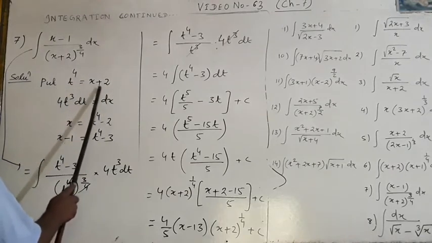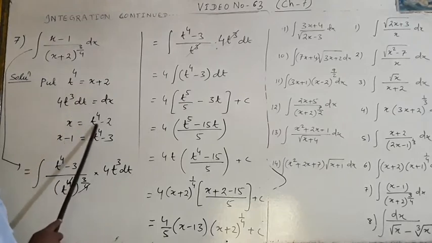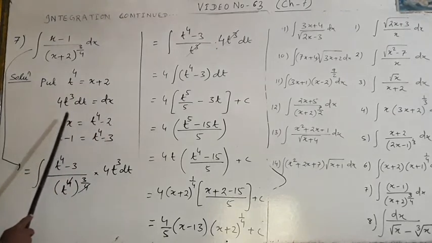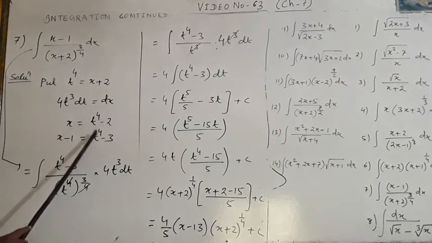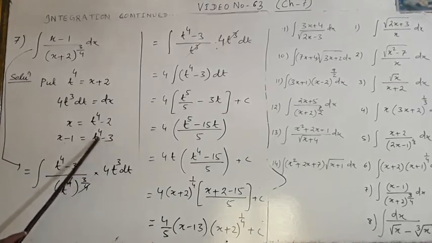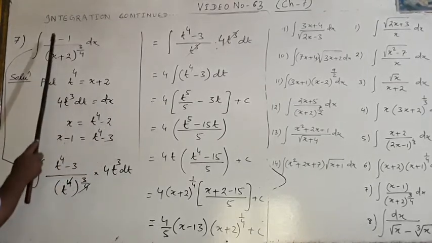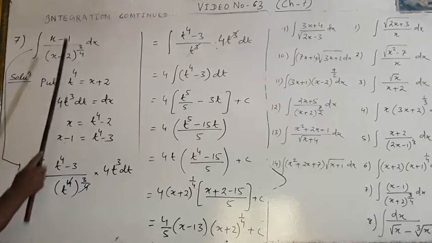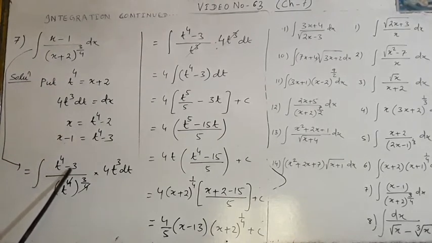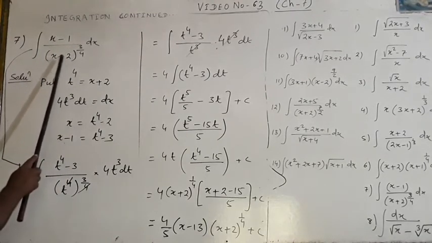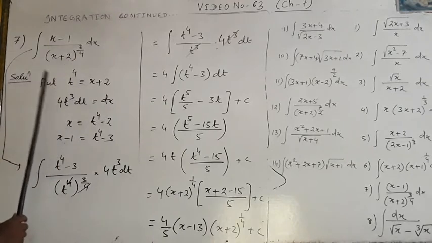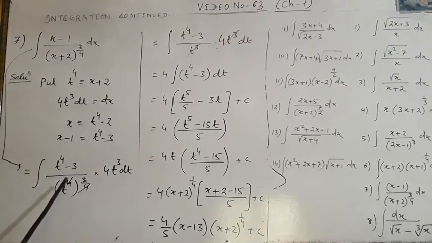4t^3 dt is dx. And what is x? t^4 minus 2. And what is x minus 1? It is t^4 minus 2 minus 1, that is t^4 minus 3. And in place of x minus 1, it is t^4 minus 3. And in place of (x plus 2) to the power 3 by 4, we have to adjust it.